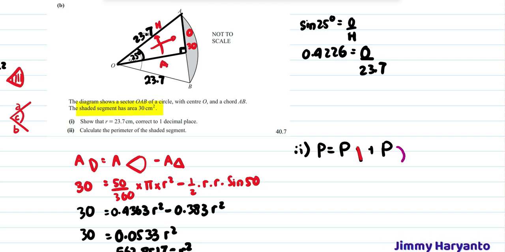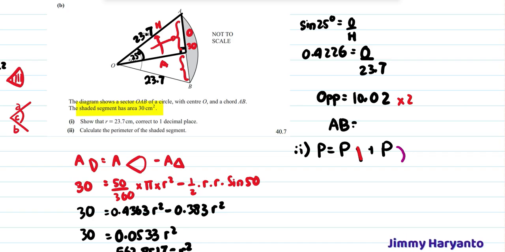Then we get the opposite. Opposite equals 0.4226 times 23.7. It's 10.02 as the final result. That is this one. Then because we have two of them, you have to multiply by 2. So you will get AB. AB equals 20.04. Okay, that is the first.